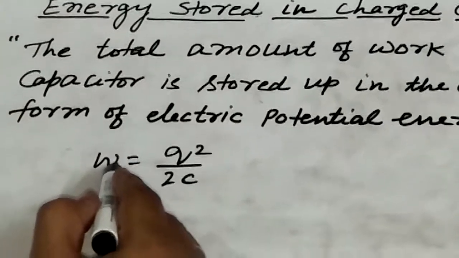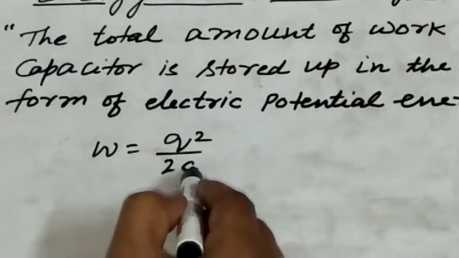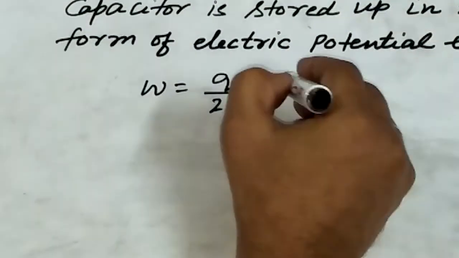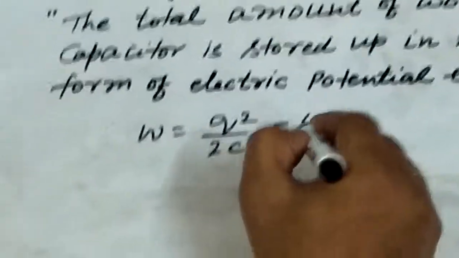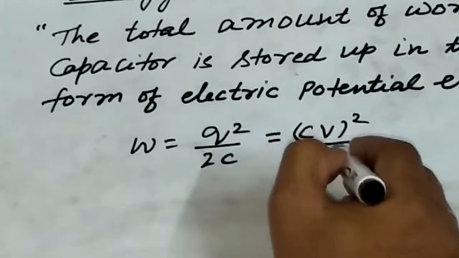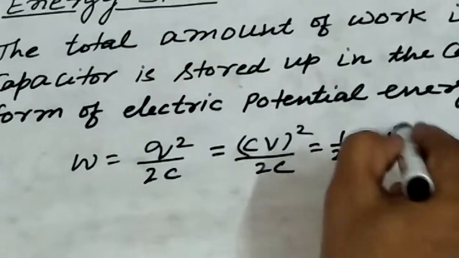So the work done in charging the capacitor is W is equal to Q square by 2C, or again in place of Q we can write CV. So CV whole square upon 2C, which is simply half CV square.